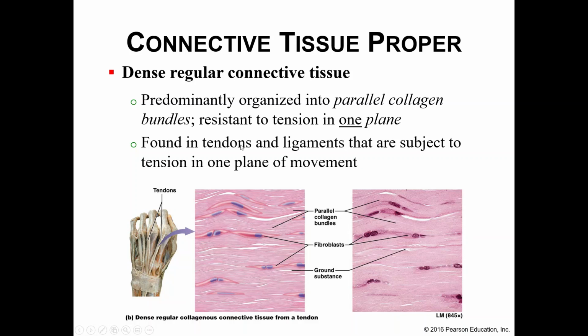Besides your tendons, you also find these in ligaments, and your tendons and ligaments are really only good in one plane of movement, so there's a lot of form meets function there. You still have a lot of fibroblast activity. Somebody has to crank out all these collagen fibers.